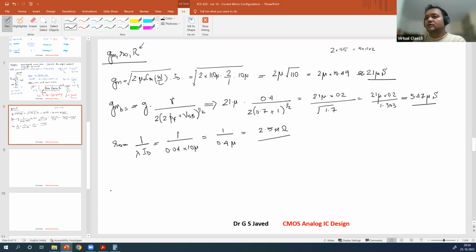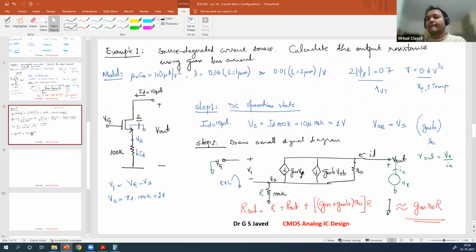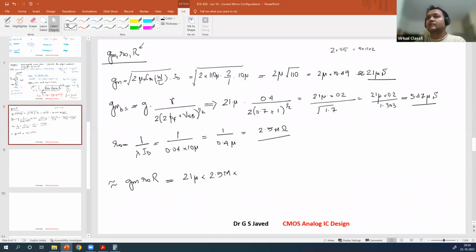Now, time to find out what is the final value. So the approximated value, instead of doing all this calculation, we will do is GM R out capital R. That value is given as GM is 21 micro times R out is 2.5 mega times R. R is 100K. 100 kilo.